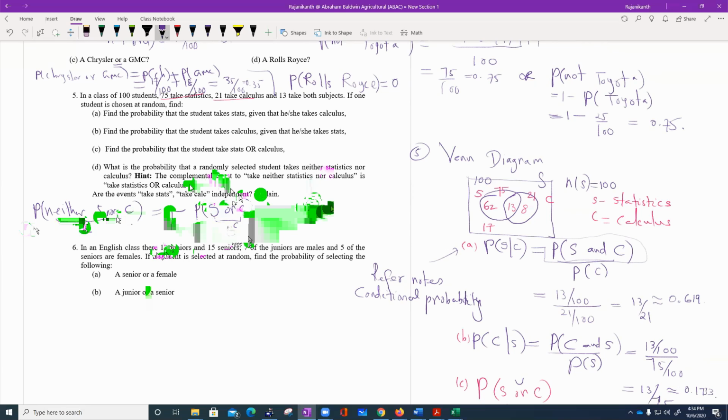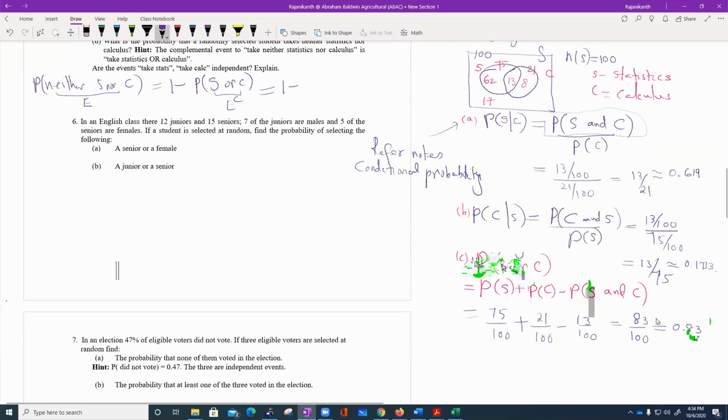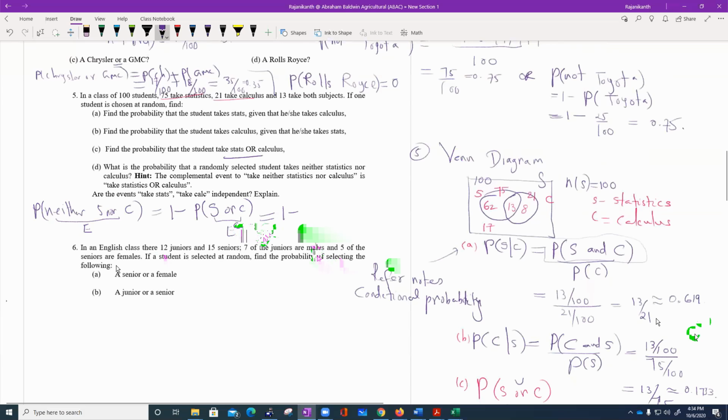So now, this is going to be 1 minus P of S or C, statistics or calculus. That answer we already got from part C, right? The part C problem was exactly finding S or C. The probability of S or C we got is 0.83.